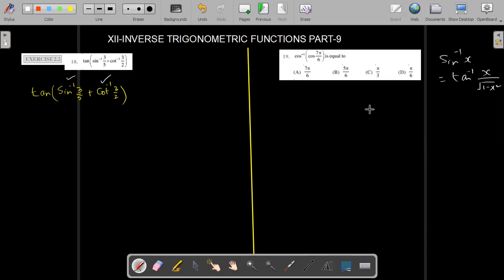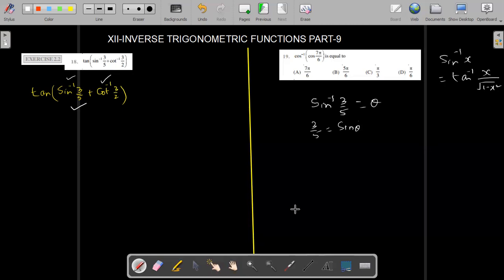So we can convert sine into any inverse, tan inverse, cot inverse by using this way. Suppose we have to convert sine inverse 3 by 5 into tan. We suppose this is equal to theta, so 3 by 5 will be equal to sine theta.